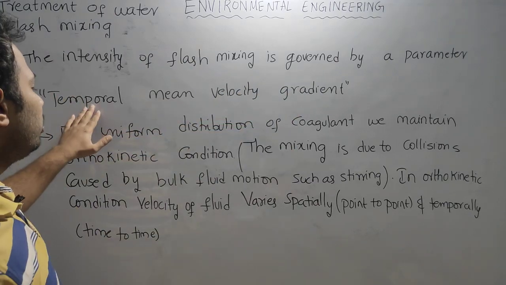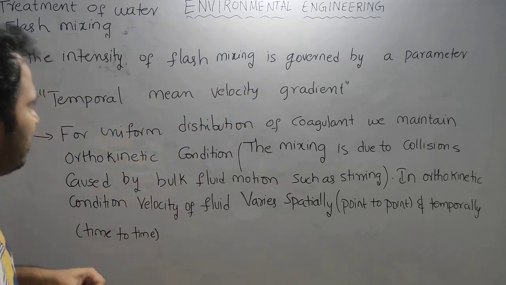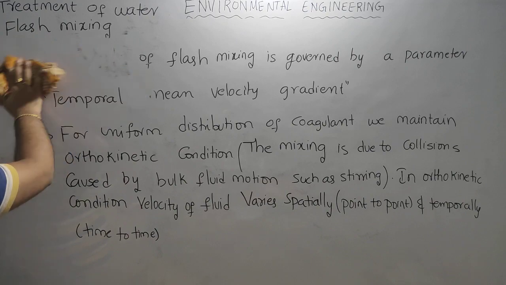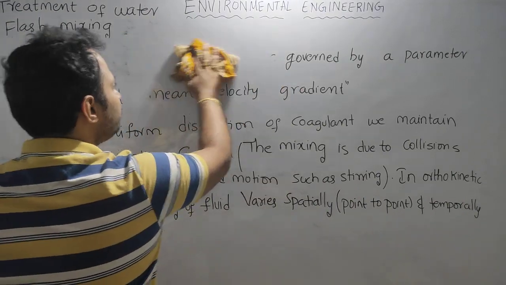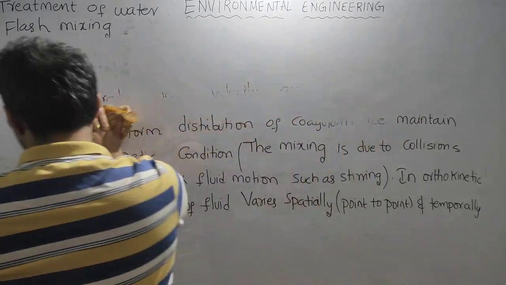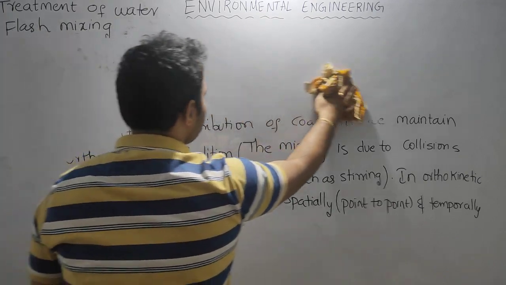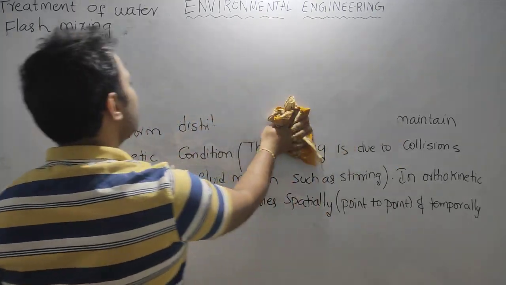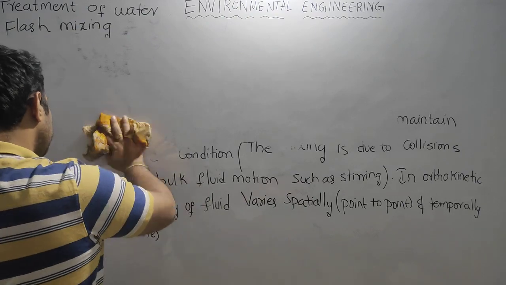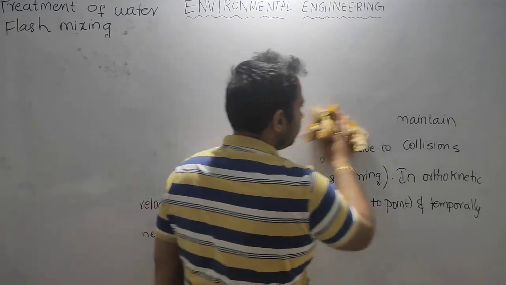Let us see what is temporal mean velocity gradient. The name itself says, very easily we can understand. It is a very important parameter for the clariflocculator. Either it may be flash mixing or slow mixing, both are governed by this temporal mean velocity gradient only.